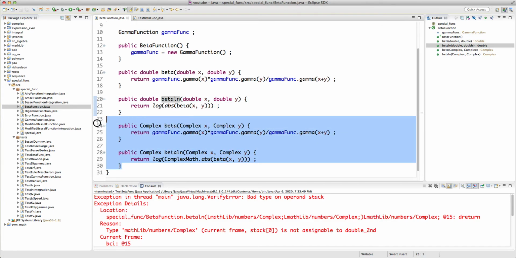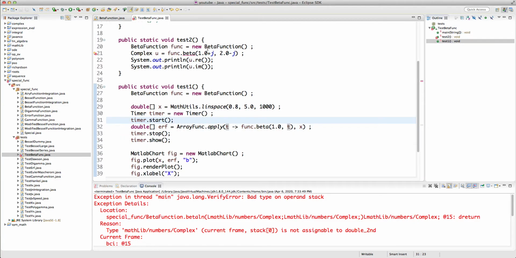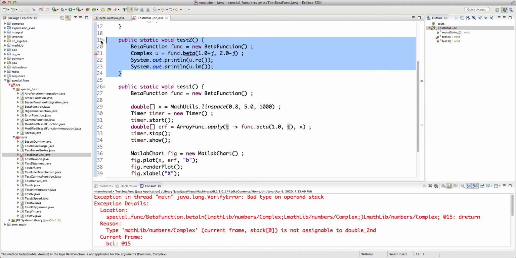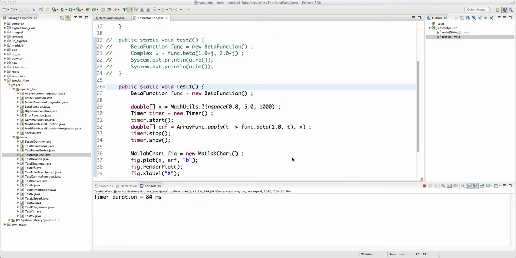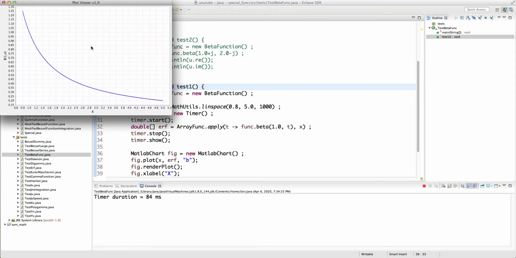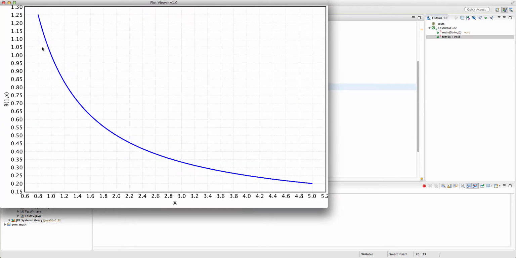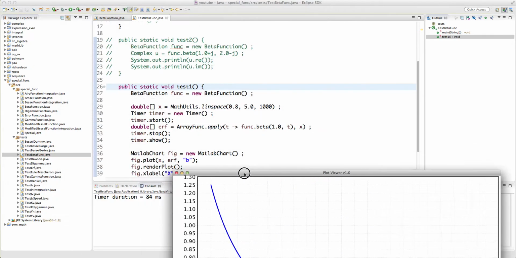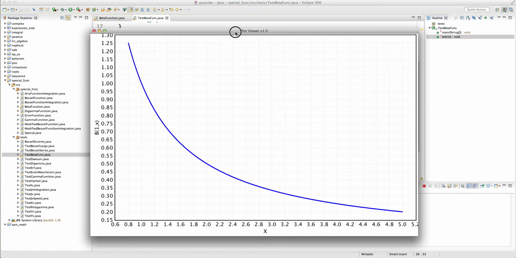I believe it has to do with these complex numbers. So let's remove this and run this again. It's pretty fast, and we are getting our 1 over x, right? So whenever we have beta of 1 and x, it becomes 1 over x.